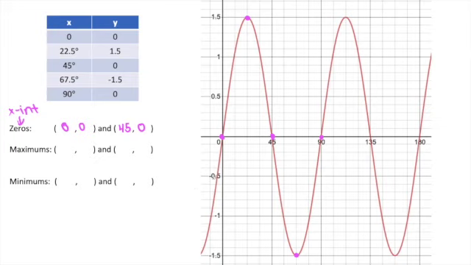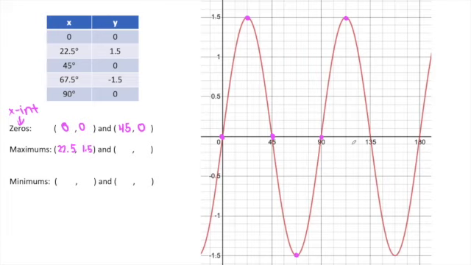Okay? If you were to graph only one cycle, you are only going to see one maximum point. So you're going to have to continue your pattern on to see another maximum point. Okay, so you have one maximum point at 22.5 degrees and 1.5. And then you also have to continue on.